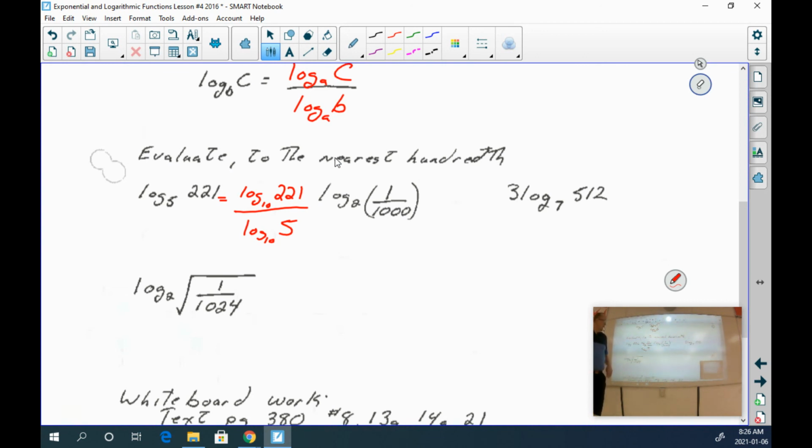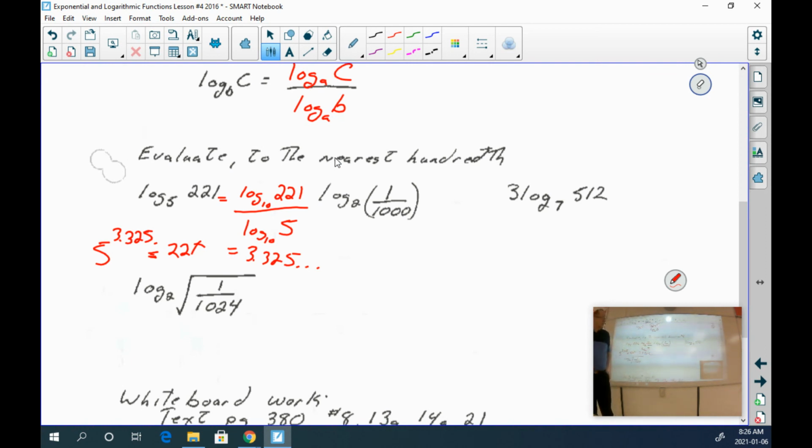Okay. So we end up with an answer of 3.325. So that's 5 to the power of 3.325 is equal to 221, approximately, because I've truncated my answer.